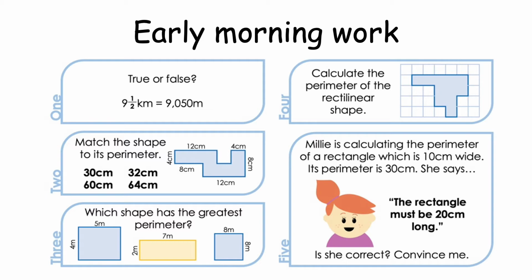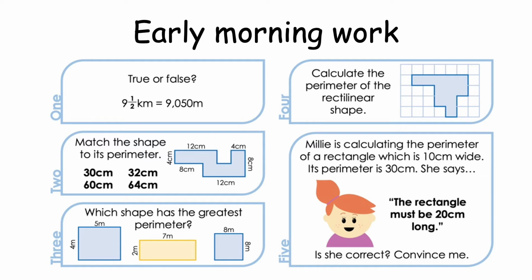Then you have got 8 meters and 8 meters. I know that's a square, so I know that every measurement is the same anyway. So 4 eights are 32. So the blue square has the largest or the greatest perimeter.